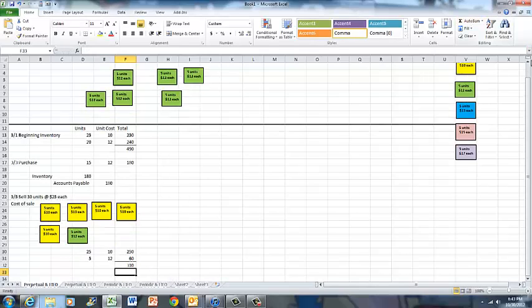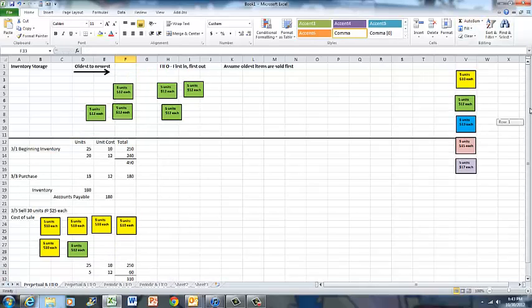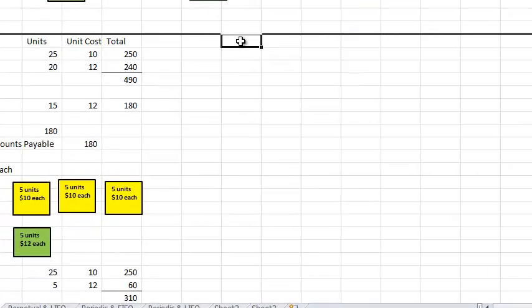To calculate the total cost of the sale, $310. Then we can also measure the revenue from the sale. We've sold 30 units, and each unit was sold at $25. So 30 times 25 gives us total revenue of $750.